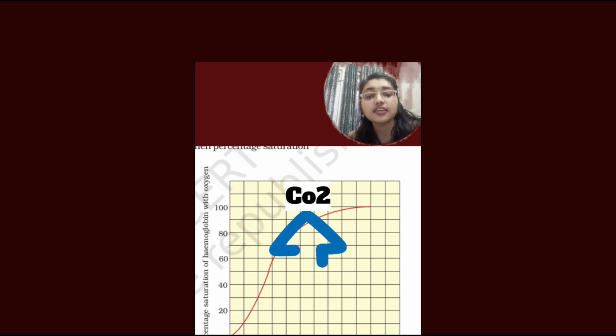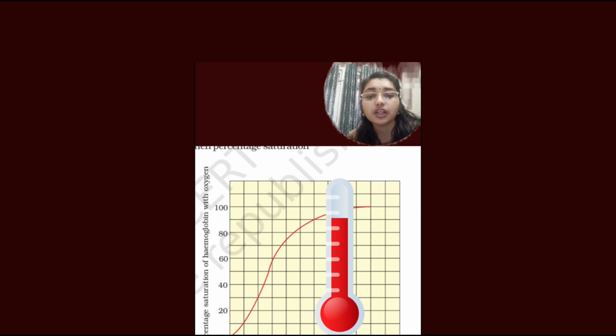Factors such as increasing carbon dioxide, increasing hydrogen ion concentration, lowering the pH and higher temperature shift the curve to the right, that is Bohr's effect, and decrease the hemoglobin affinity for oxygen, promoting its release in actively respiring tissues. This property makes hemoglobin highly efficient in transporting oxygen, delivering precisely where it is needed.